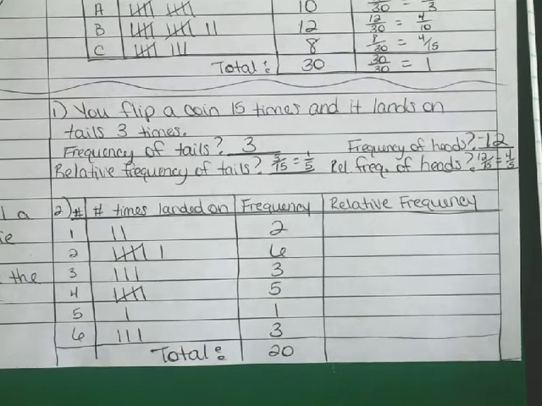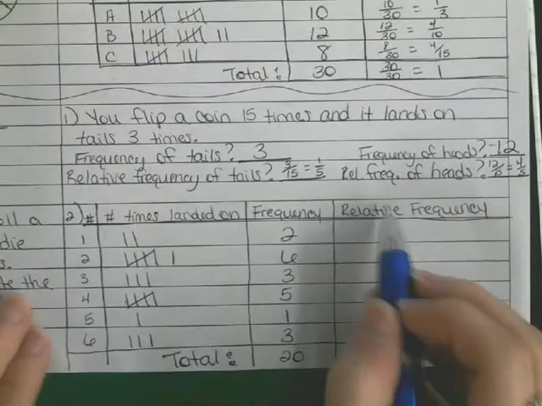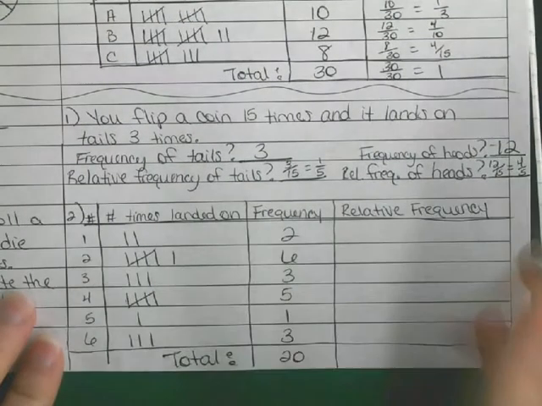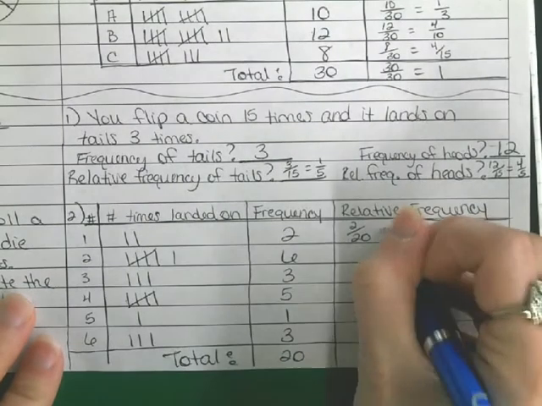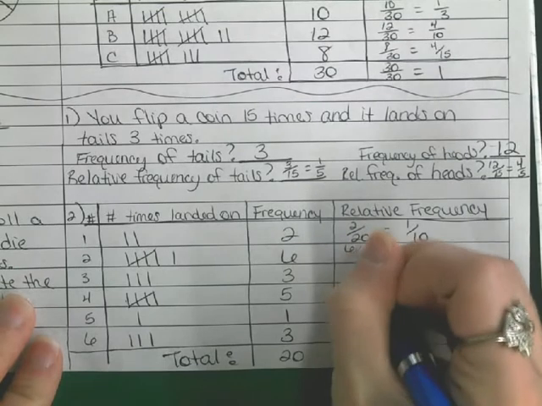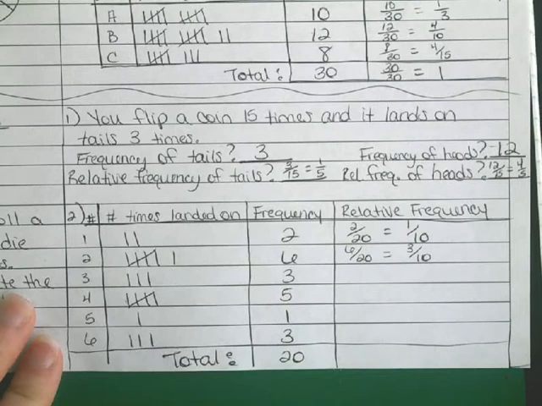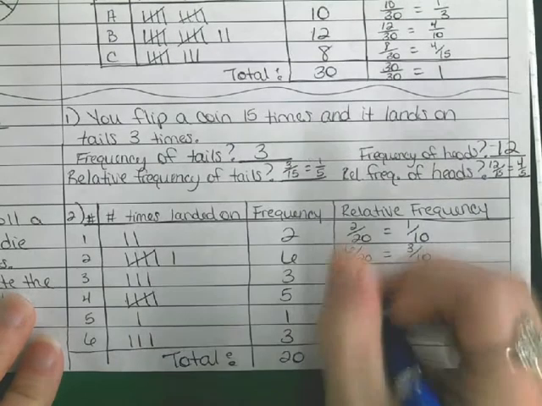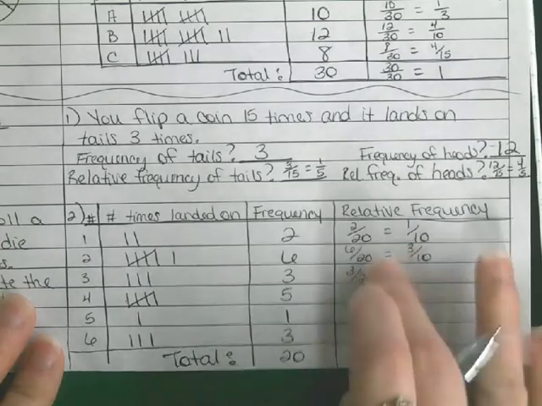Okay, now for relative frequency. For 1, it landed on 1 2 times out of 20 total, which we can reduce to 1/10. It landed on 2 6 times out of 20 total, which we can reduce to 3/10. It landed on 3 3 times out of 20, and we cannot reduce that.